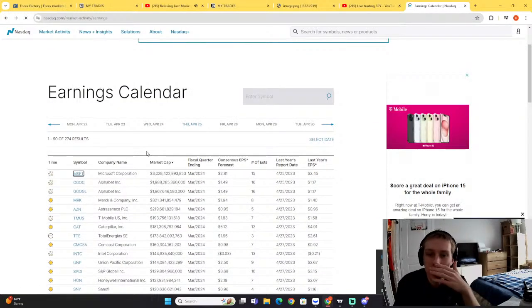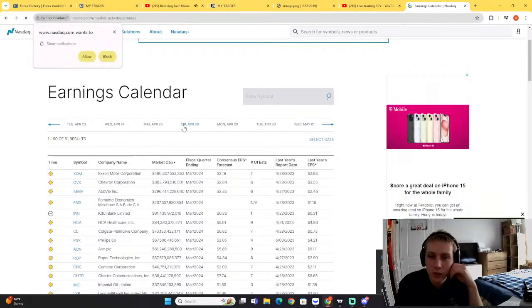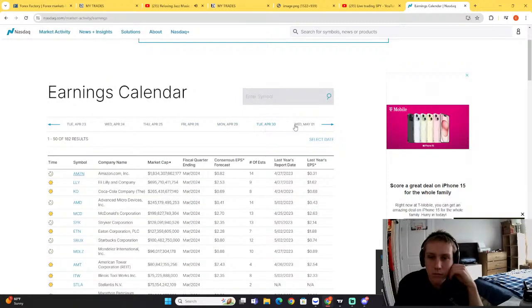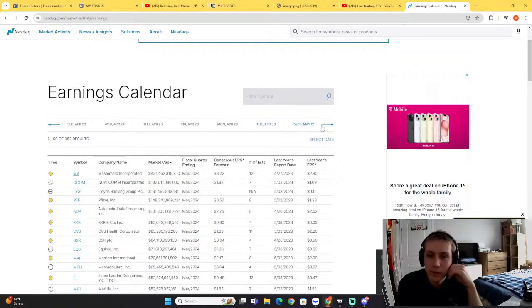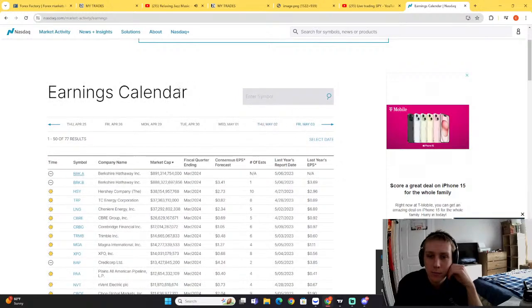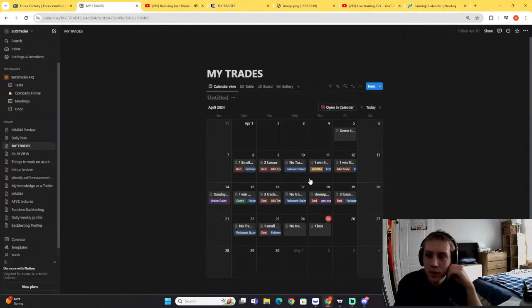Microsoft and Google have earnings today. Dang, a lot of big companies had earnings this week. Well, I wouldn't say a lot, but Tesla, Microsoft, Meta. Amazon has earnings next week. Apple has earnings next week as well. So that's something to note.